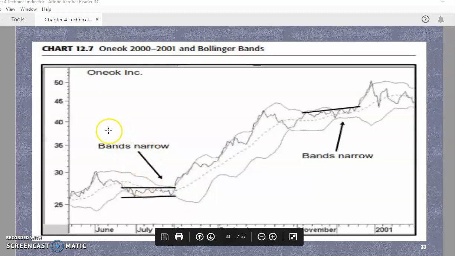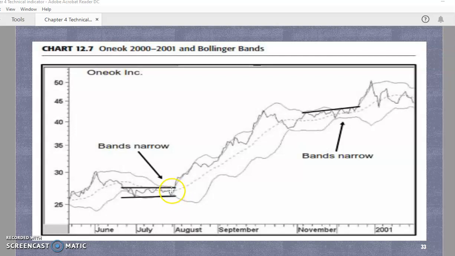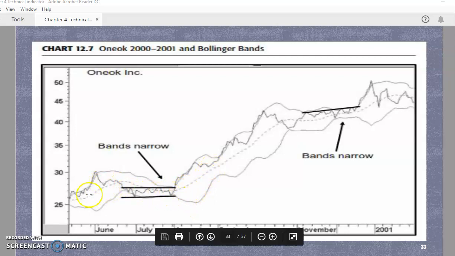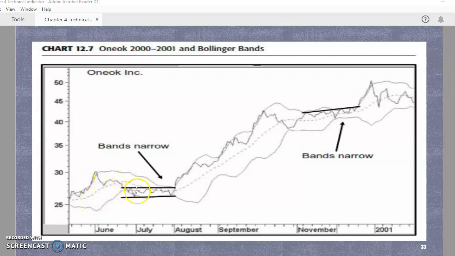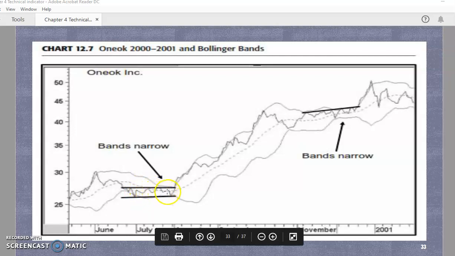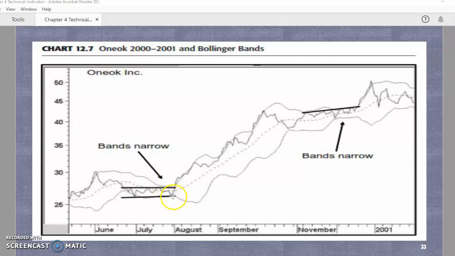Okay, for example, in this chart, the band narrows. What do we mean by the band narrowing or the contraction? Okay, this one. You can see that previously the band was wider, and it moved quite smaller until this period, until this point.